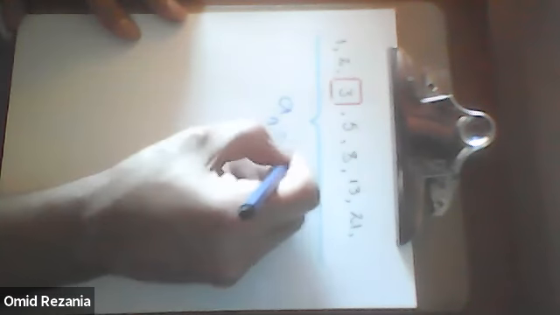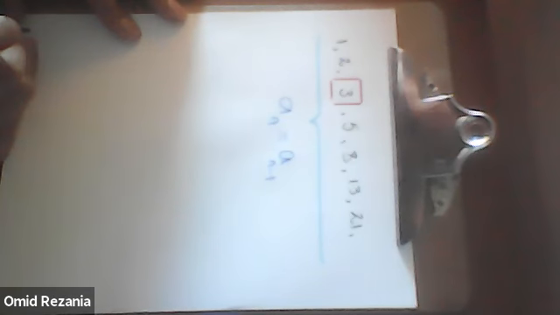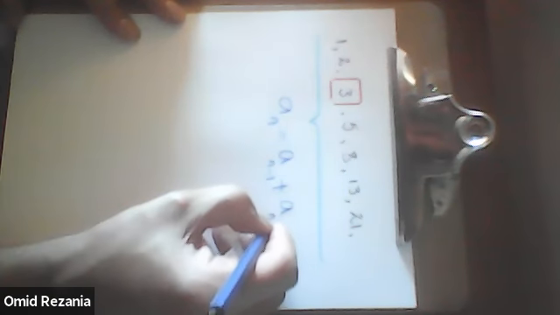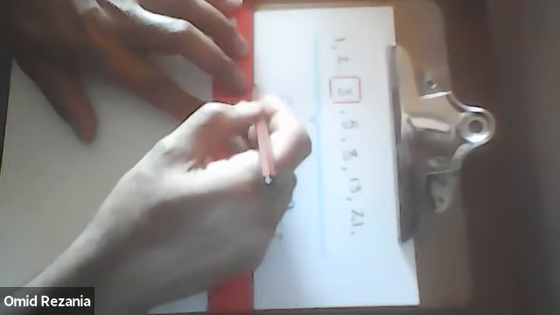The element before AN is AN minus 1, correct? Plus the element before that, which is AN minus 2. That essentially becomes the hidden message of this finite sequence.